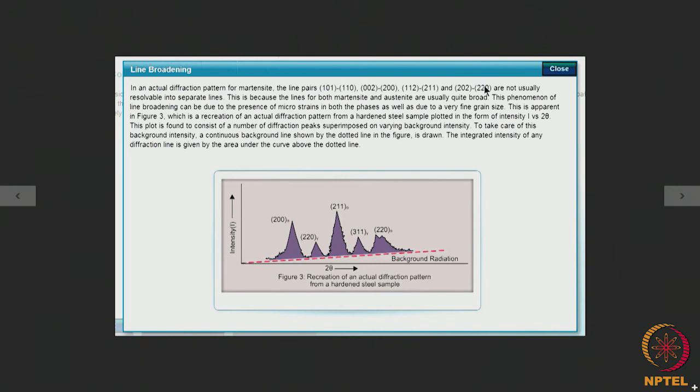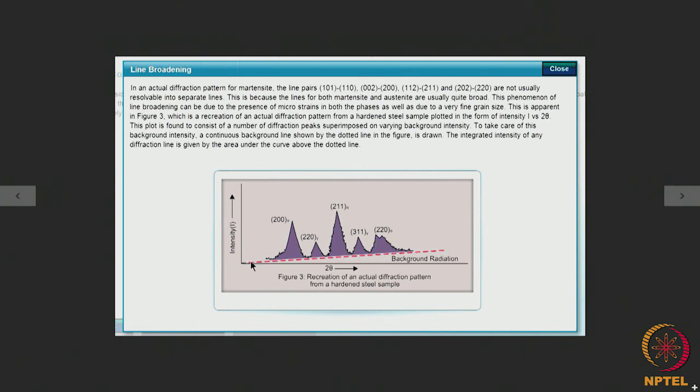So, if we take a practical example and draw the intensity versus 2 theta plot for a composite of martensite and austenite phases, we see that this is, say, the 200 alpha peak, this is the 220 gamma peak, this is the 211 alpha, this is the 311 gamma, this is the 220 alpha, and so on.